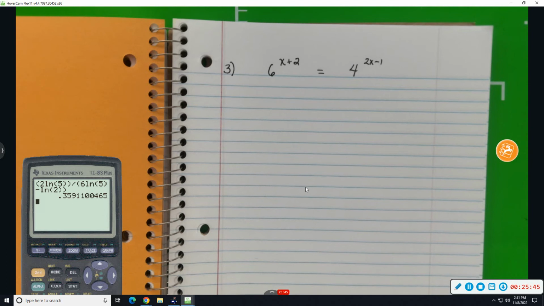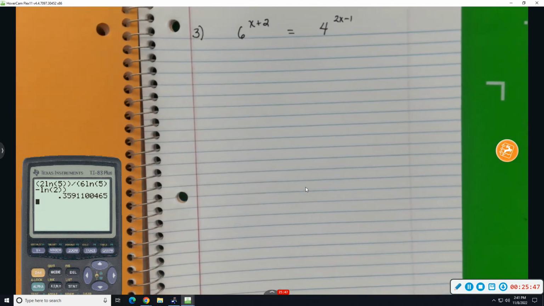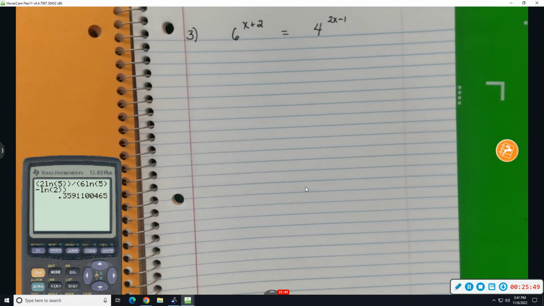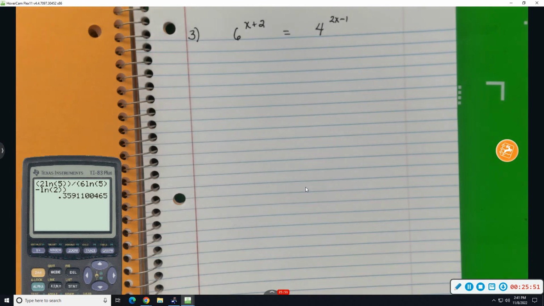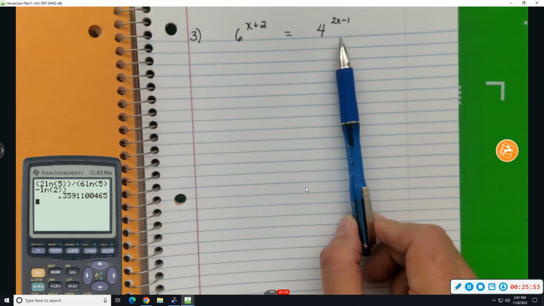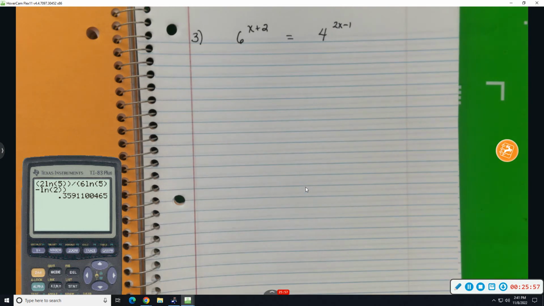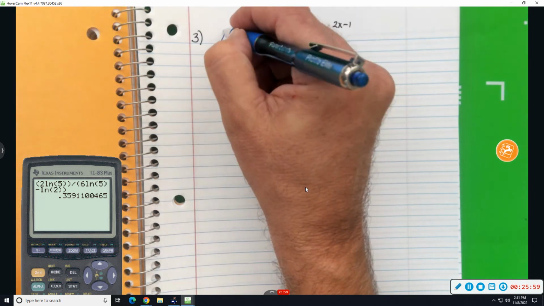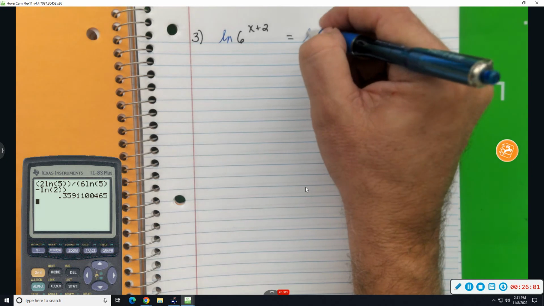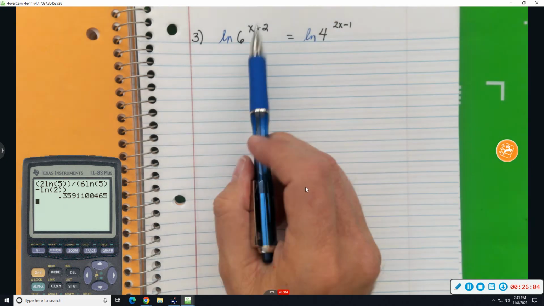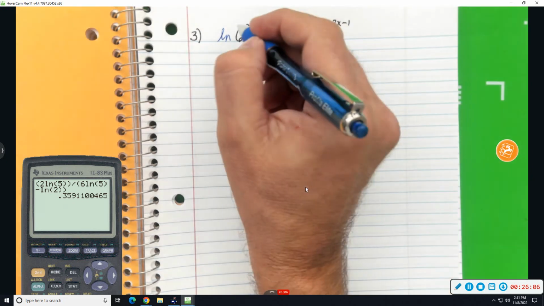Definitely there's no common base. You can't rewrite 6 and 4 with a common base. If it had been 16 and 4, then yeah, you could write both sides with a 4. But you stick ln in front of each side. Carry down these exponents.